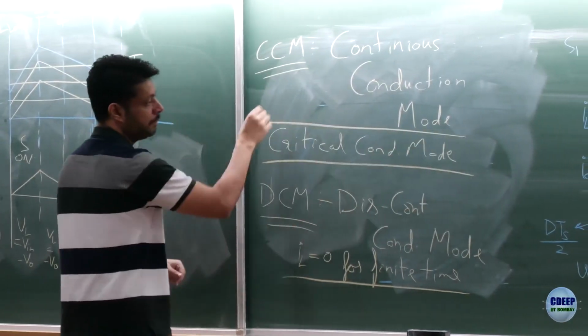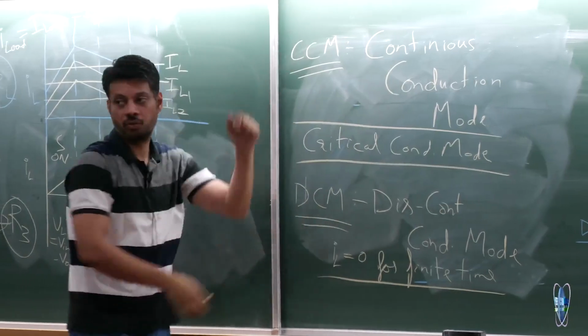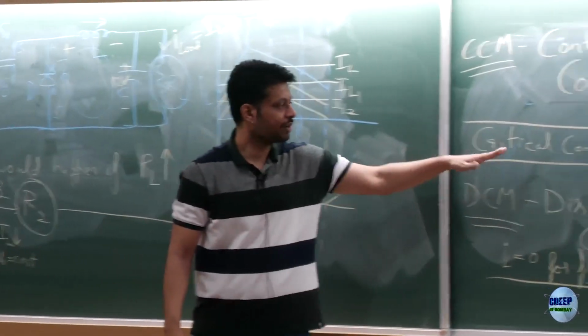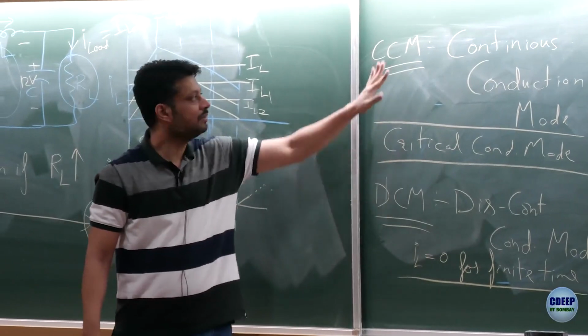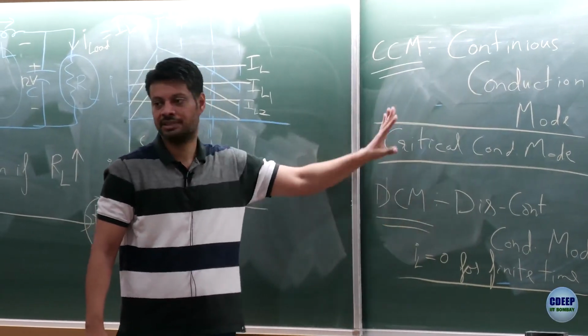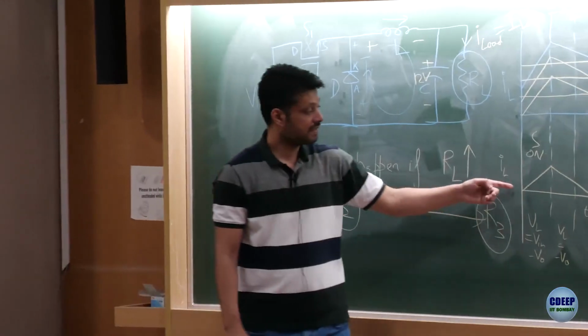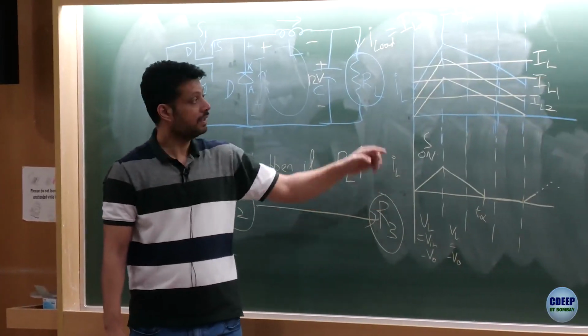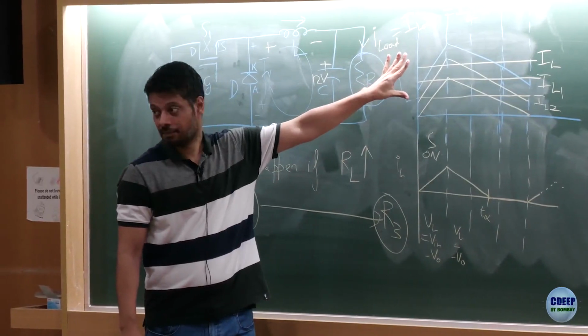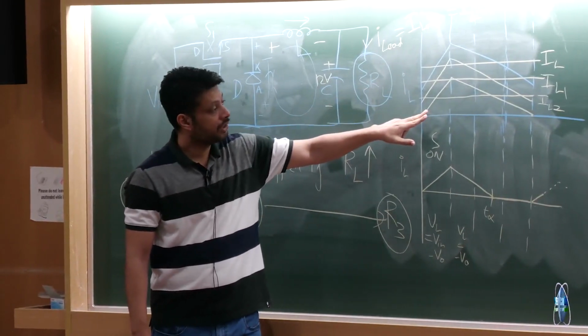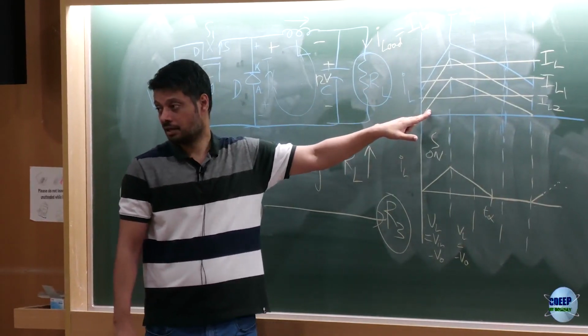It's somewhere in the middle between the two, like a boundary of the two cases. Don't use the acronym CCM for this one, we'll use CCM for the first and DCM for the other; here we have to take the full name, critical conduction mode. This IL is DCM, these top ILs are CCM, and this IL2 is in critical conduction mode.